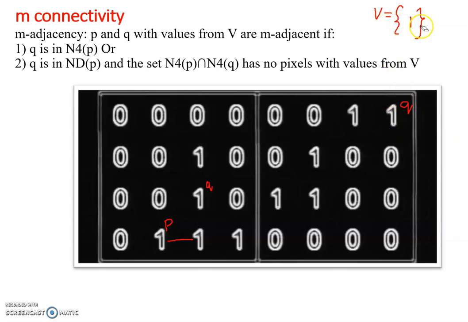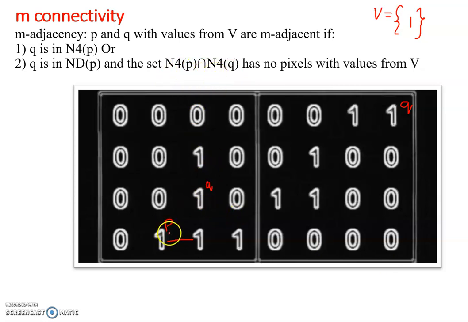Sometimes we may be given V in the question, or you can define V as 1 in this case. So I start from P. According to the definition, I can do the diagonal connection if N4 of P intersection N4 of Q has no pixels with value from V.